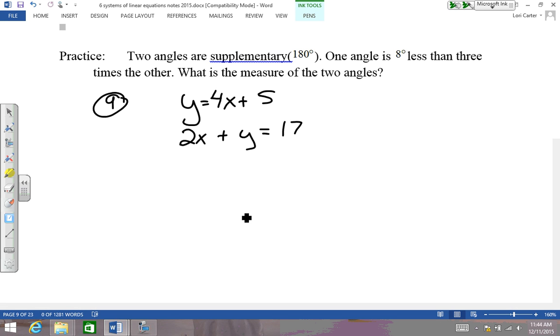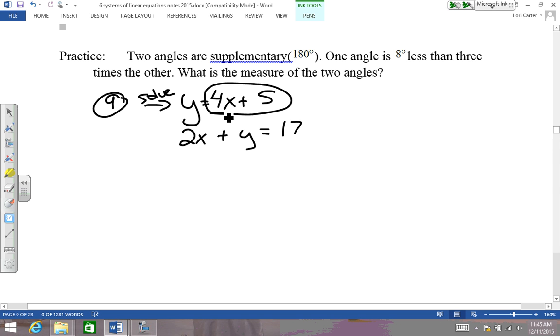Are any of these already solved? Yeah, the first one is already solved. That's what I just said. You were right. So the first one is solved. So I'm going to take that and plug it in for y. Y equals 4x plus 5.